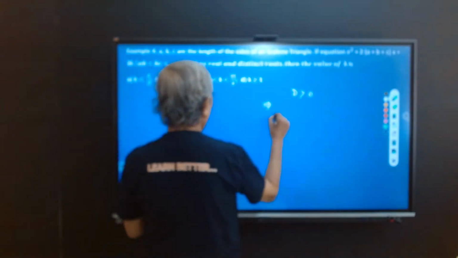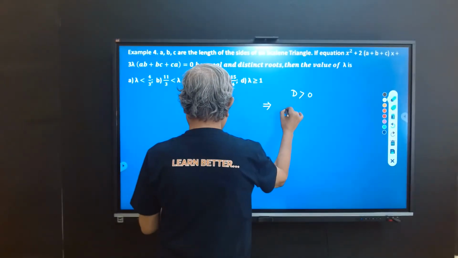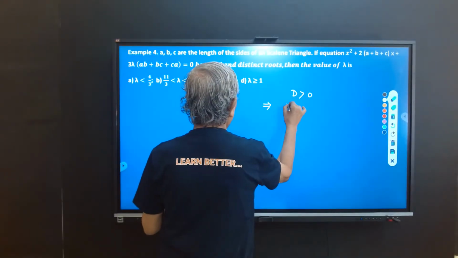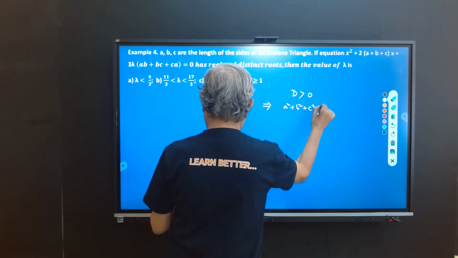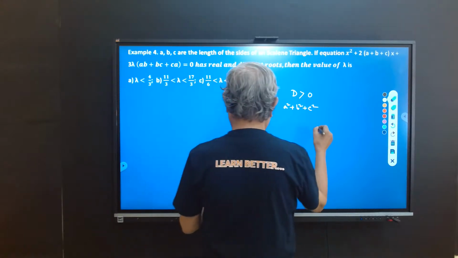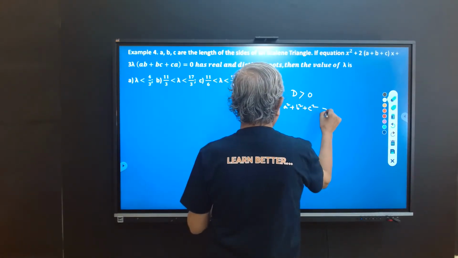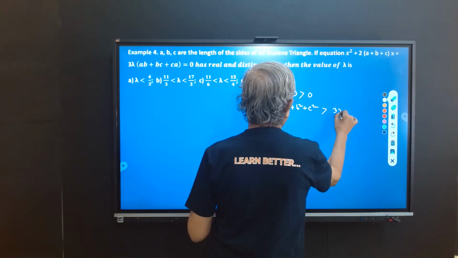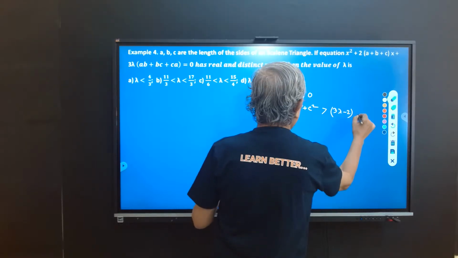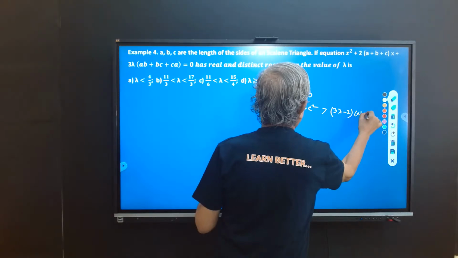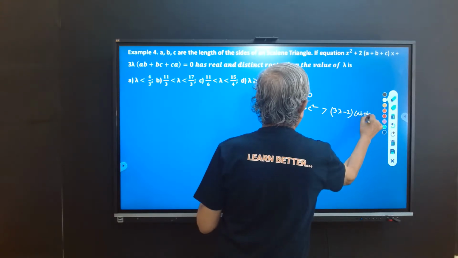From this, do it at home, you will proceed with d greater than 0. From this you will get a square plus b square plus c square greater than 3 lambda minus 2 into ab plus bc plus ca.